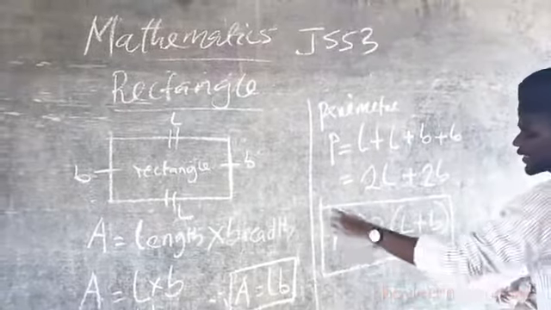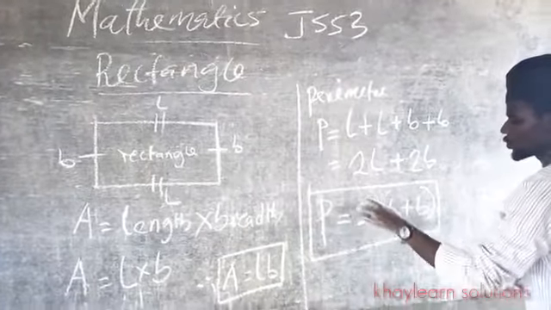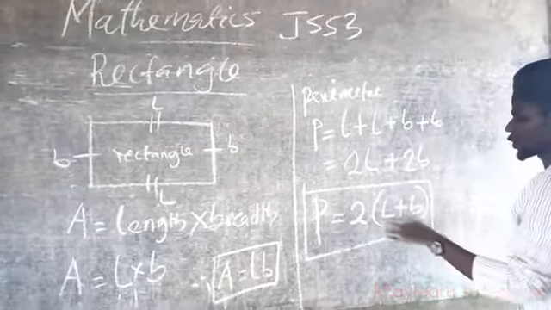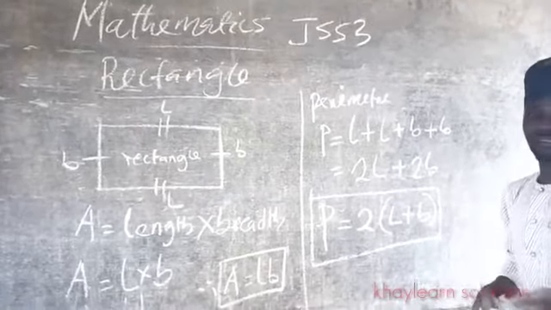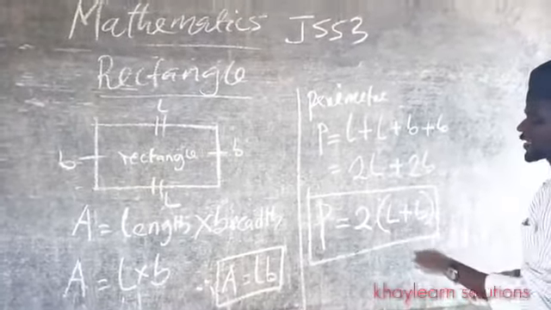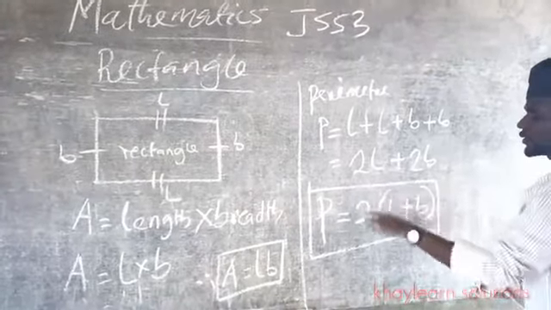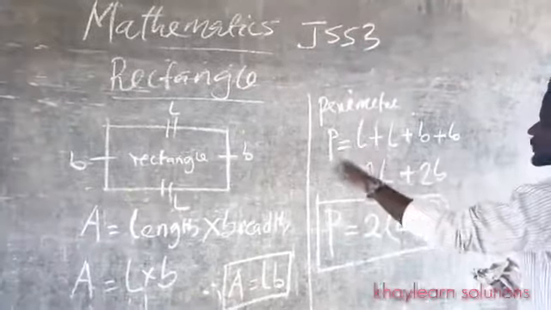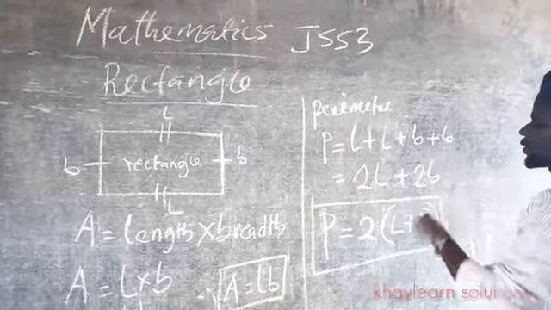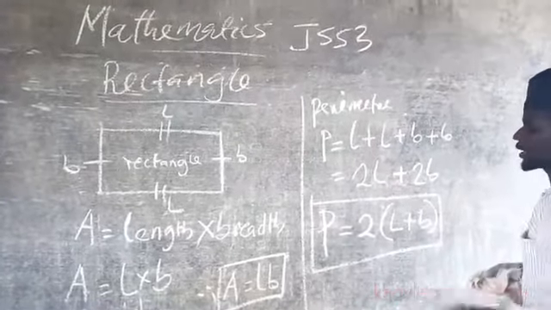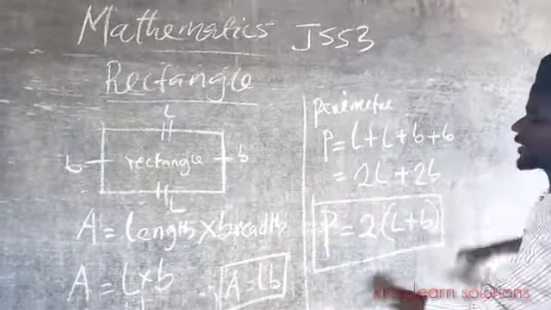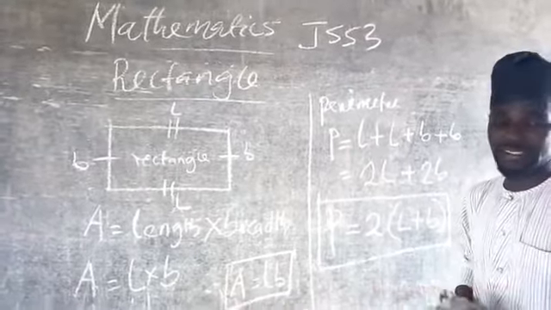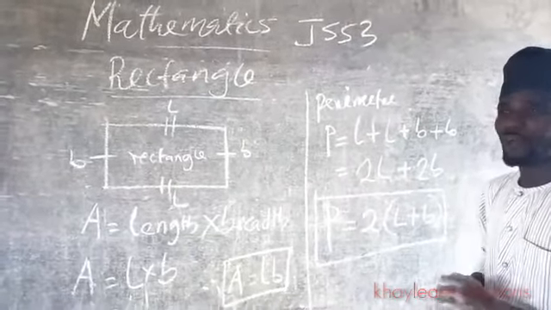So P equals 2 bracket L plus B. This 2 is for all of them. In case you want to check your answer, expand the bracket: 2 times L is 2L, 2 times B is 2B. There is no difference. So you either take P equals 2L plus 2B, or P equals 2 bracket L plus B. These are the formulas you can use to calculate the area and the perimeter of a rectangle.